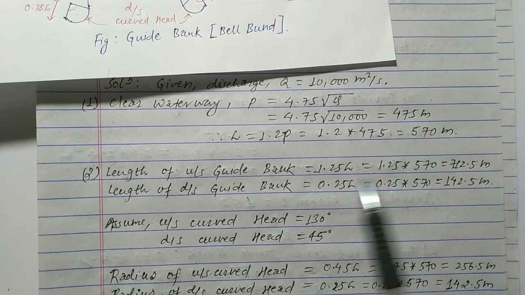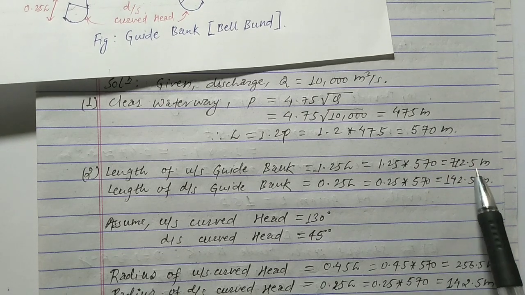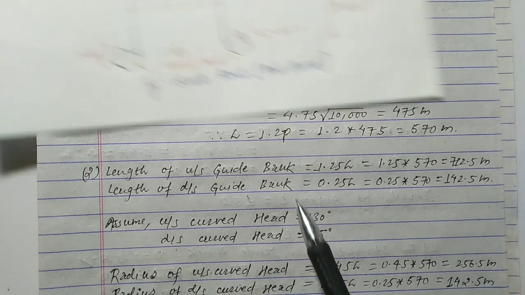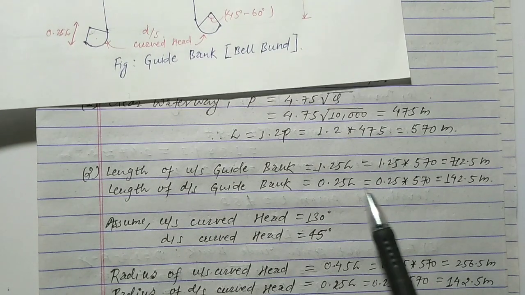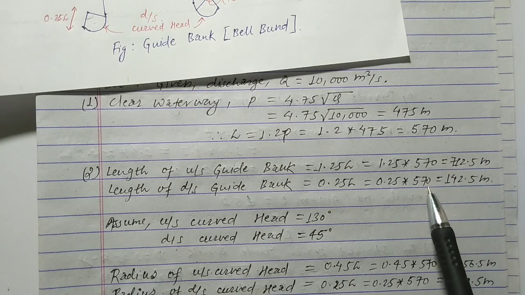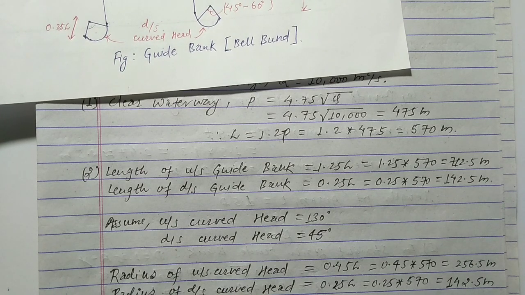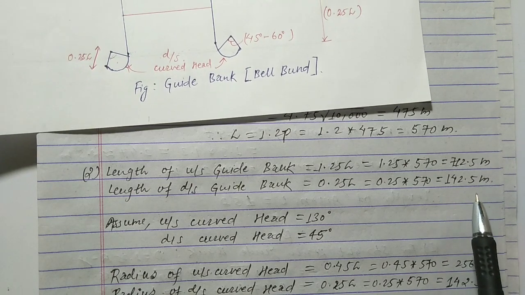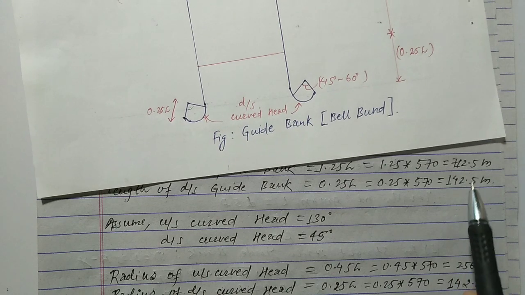So 1.25 into L, where the value of L is already calculated as 570, gives 712.5 meter. Now the length of the downstream guide bank. For this we use 0.25 L, so 0.25 times 570 meter gives the downstream length of the guide bank equal to 142.5 meter. You have to show this value in the figure. So this is 712.5 and 142.5.